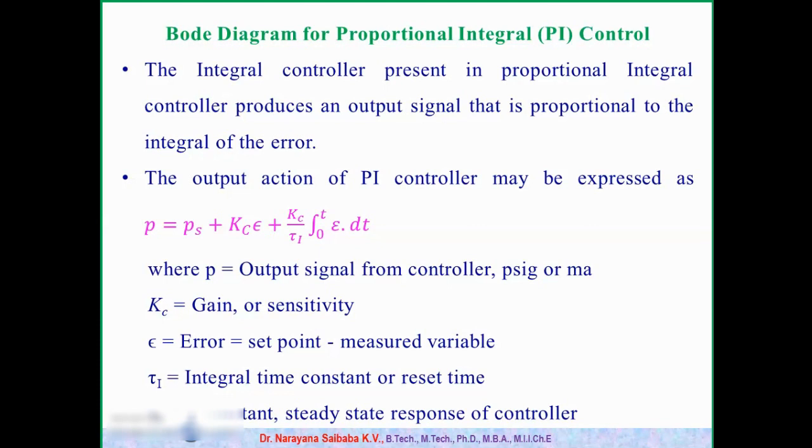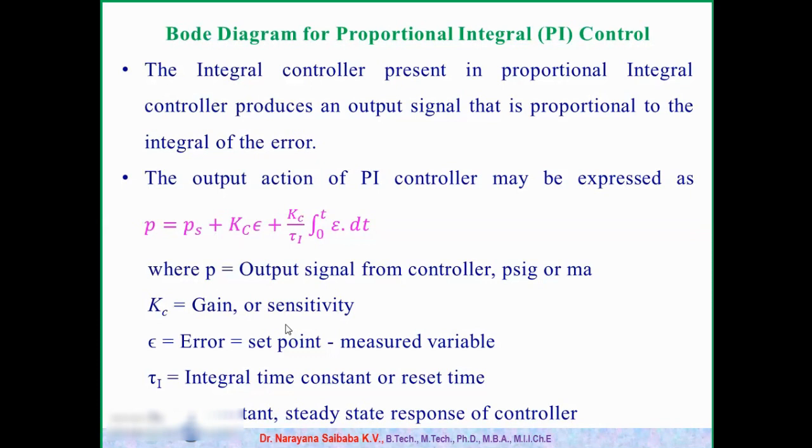So the output of the proportional integral controller may be expressed as P equals Ps plus the integral element response, Kc by tau I times the integral from 0 to t of e dt, where P is the output signal from the controller, Kc is the proportional gain, and E is the error, that is nothing but the deviation from the required set point value. Tau I is called the integral time constant or reset time, and Ps is the constant value or steady state response of the controller.